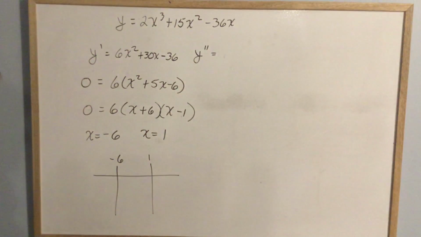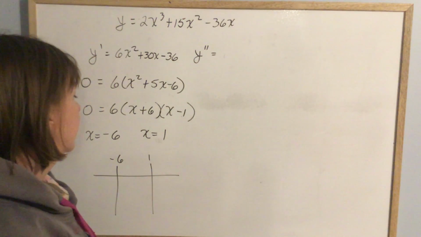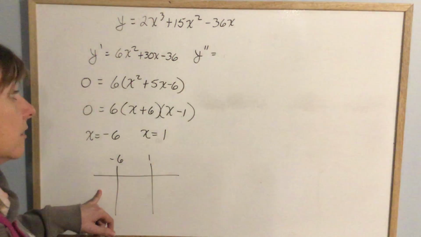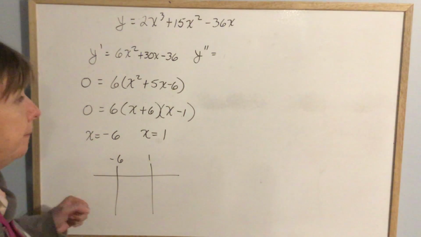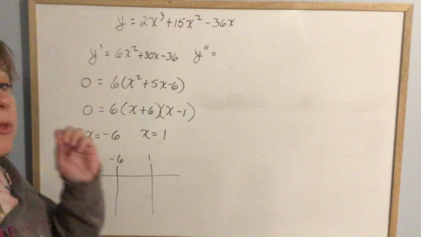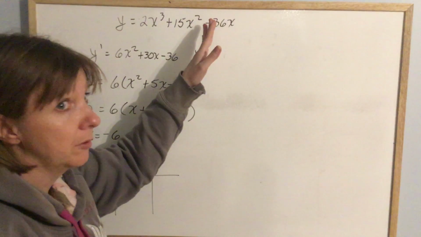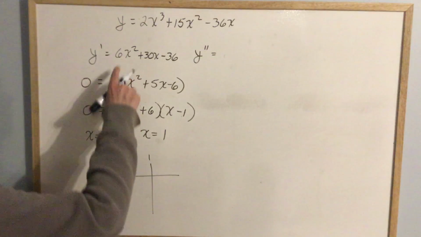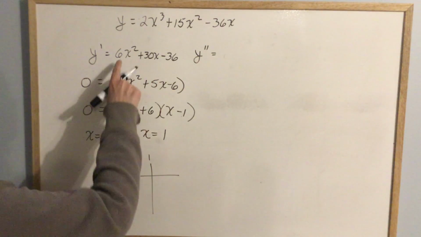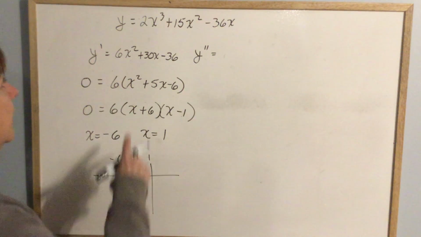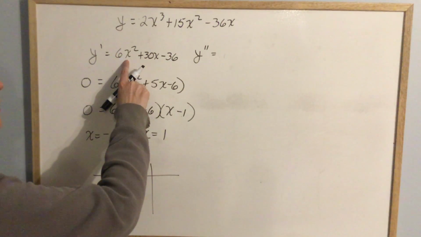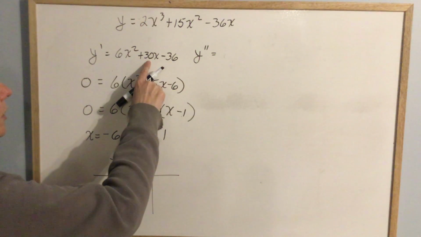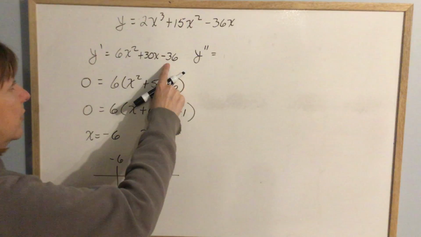So I'm going to figure out increasing and decreasing by picking a number less than negative 6, negative 10, putting it back into the derivative. Do not put it back up here. Put it into your derivative. So negative 10 squared is 100, so that's 600. That would be 600 minus 300 minus 36.